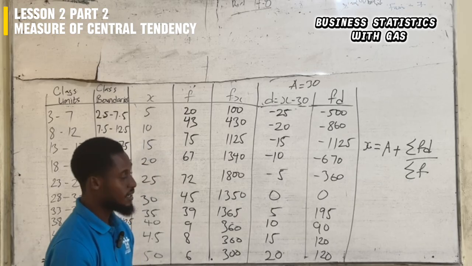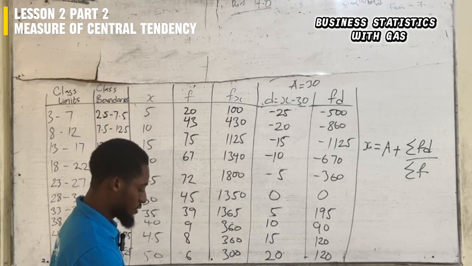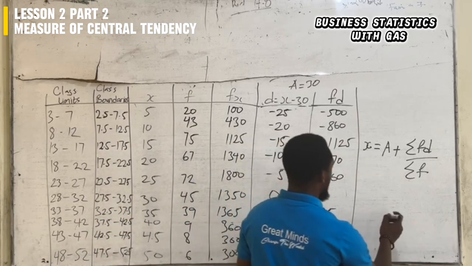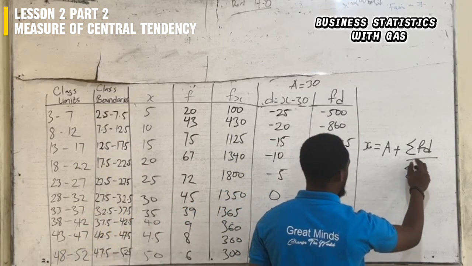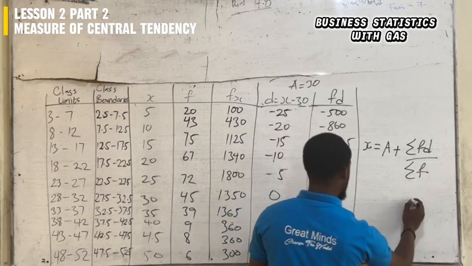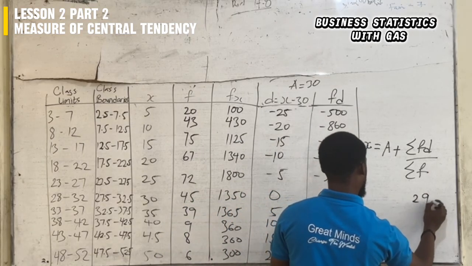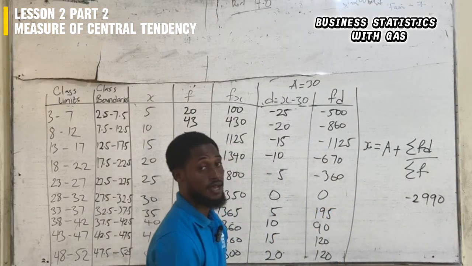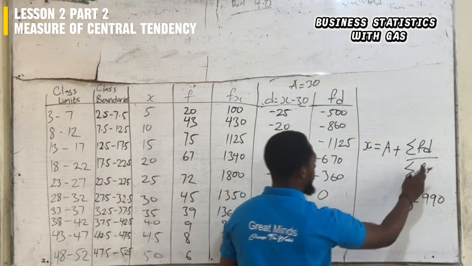We are getting negative 2,990. So our sigma FD, the total of the FD, is negative 2,990.